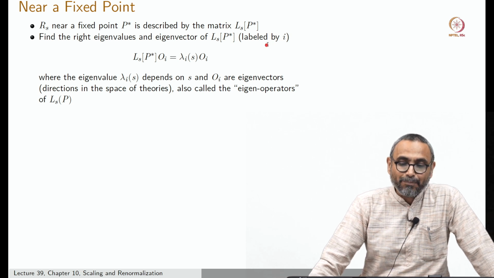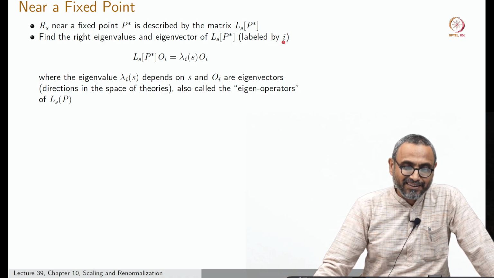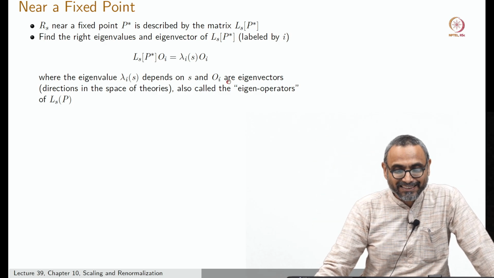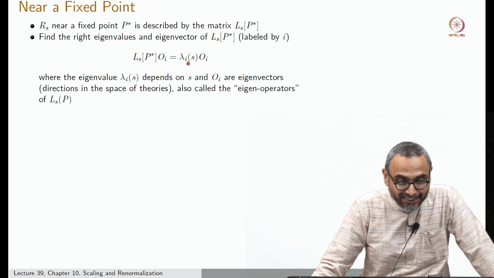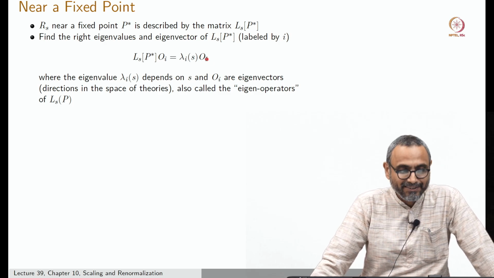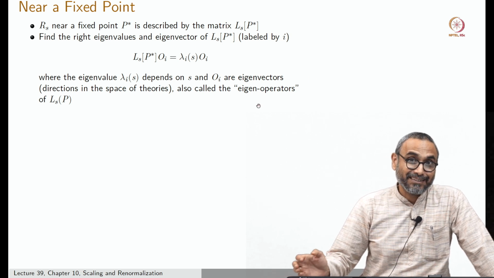Let me label all its right eigenvalues by this index I, and say that there are some vectors in that space, and these are called eigenvectors of Ls. Eigenvectors are Oi, and the corresponding eigenvalue is S dependent, and that's why we call it lambda I of S. These are also called eigen-operators.